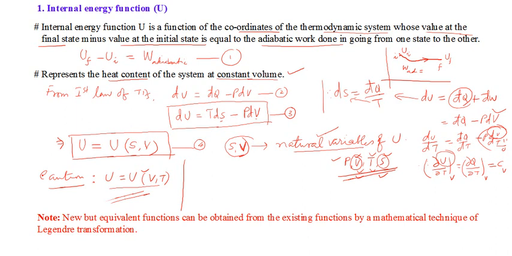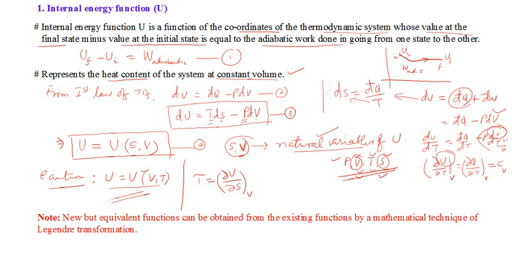Using equation 3, I can write that the temperature of the system T will be equal to dou U with respect to dou S, under the condition that volume is constant. Don't confuse between U and V in my handwriting. T is equal to dou U by dou S at constant V.